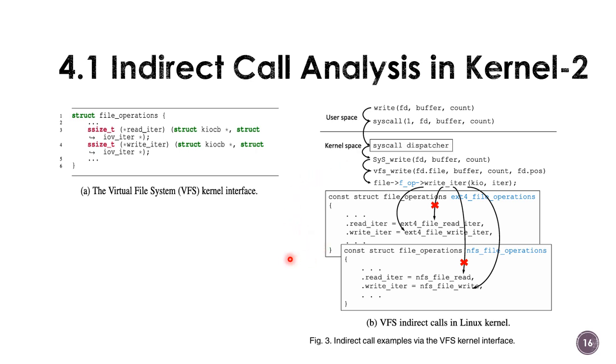Here we can see an implementation of ext4 file operations and NFS file operations. Inside these two function definitions, there is a mapping of .read_iter assigned to ext4_file_read_iter, and .write_iter assigned to ext4_file_write_iter.